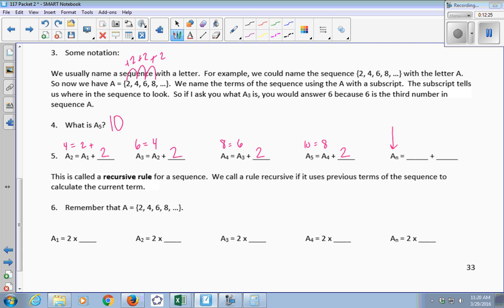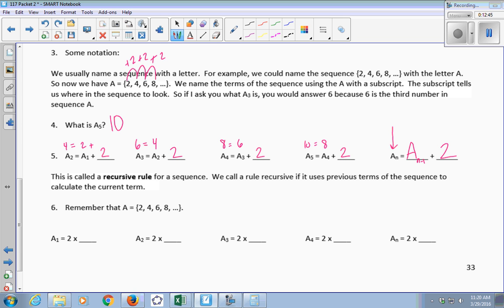Caroline? N minus 1, yes. So my subscript just has to be 1 less than n. So I write it as n minus 1. And then I'm going to add how much to that? 2. Okay. So this is notation that takes a little bit of getting used to.